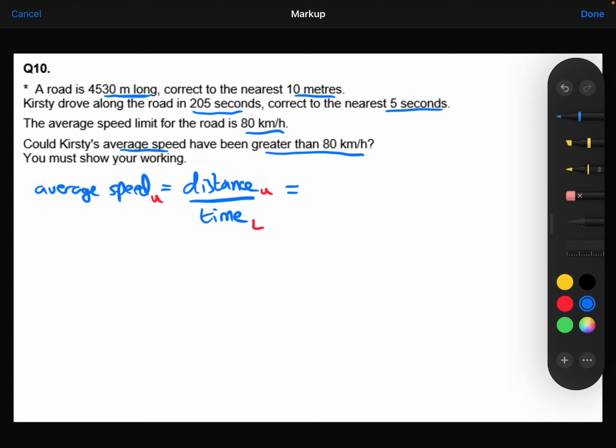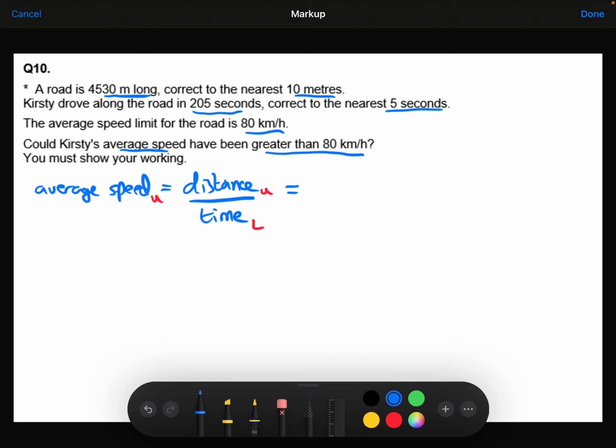So let's work that out. What is the upper bound of the distance and the lower bound of the time? Well, the distance was measured to be 4,530 to the nearest 10. So the level above that is 4,540. The level below that is 4,520.